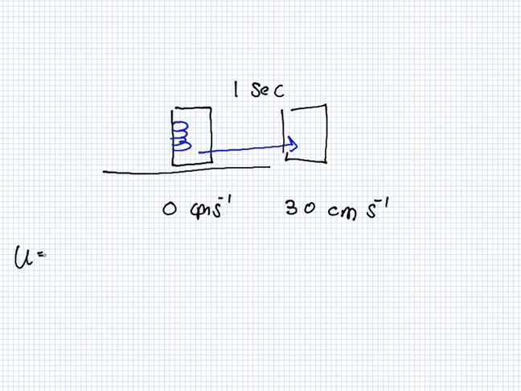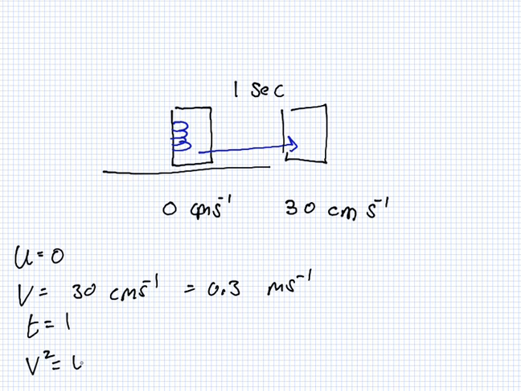So let's see what we get. U is 0. V is 30 centimeters per second, which is 0.3 meters per second. T is 1, and I'll use V squared equals U squared plus 2AS.